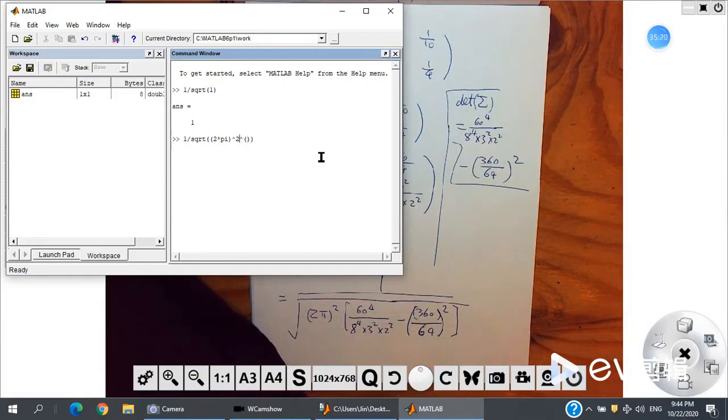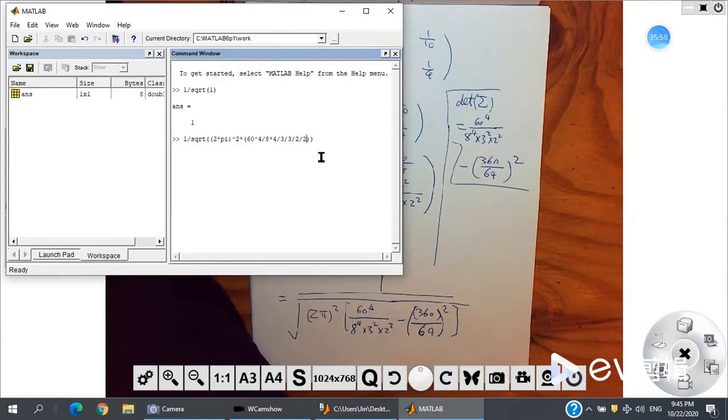Not 2 square, and then times, inside I have 2. The first one is 60 to the power 4th over 8 to the 4th and over 3 over 3 over 2 over 2.